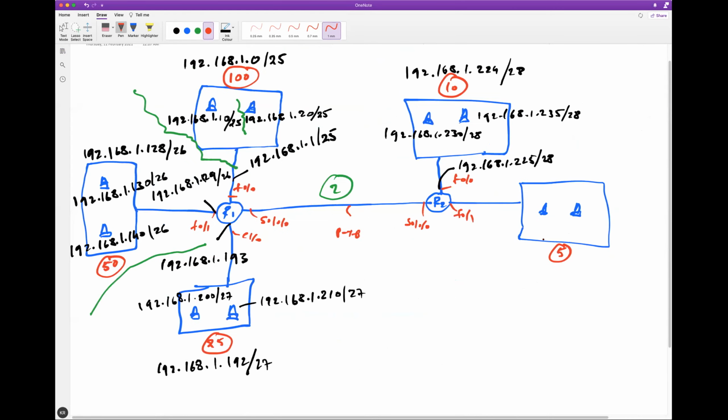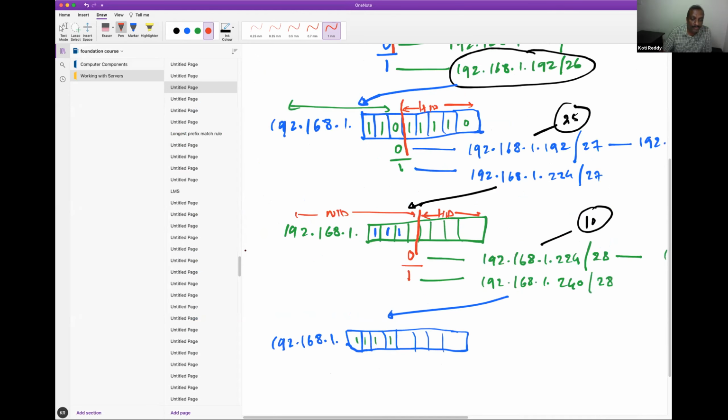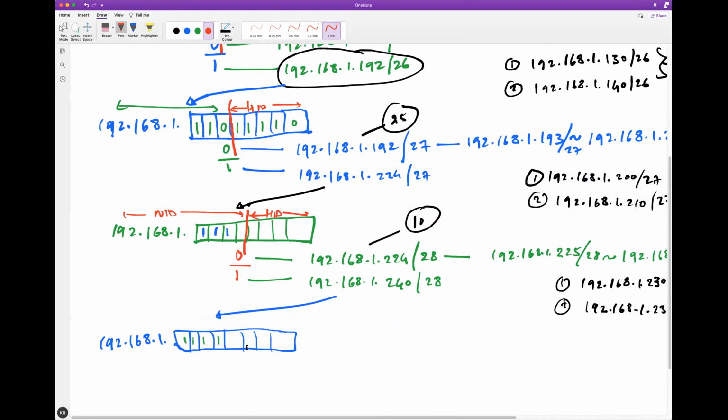To accommodate 5 hosts, how many bits should I leave for host ID now? 3, right? Out of 8. So 3 I leave for host ID. Everything else is taken into network. But I should fill up with some combination of 0 and 1.